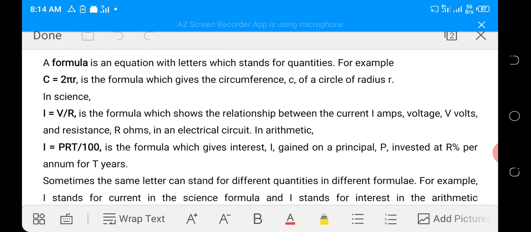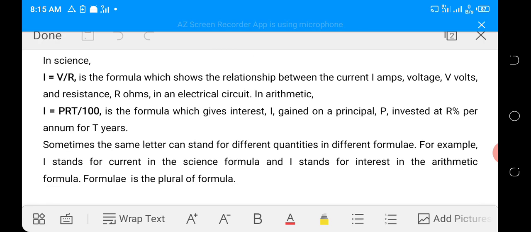In the first one, C is equal to 2 pi r shows the relationship between the circumference of a circle and its radius. The second one relates the current, the voltage, and the resistance, while the third one shows the relationship between the interest, principal, rate, and time of a simple interest.